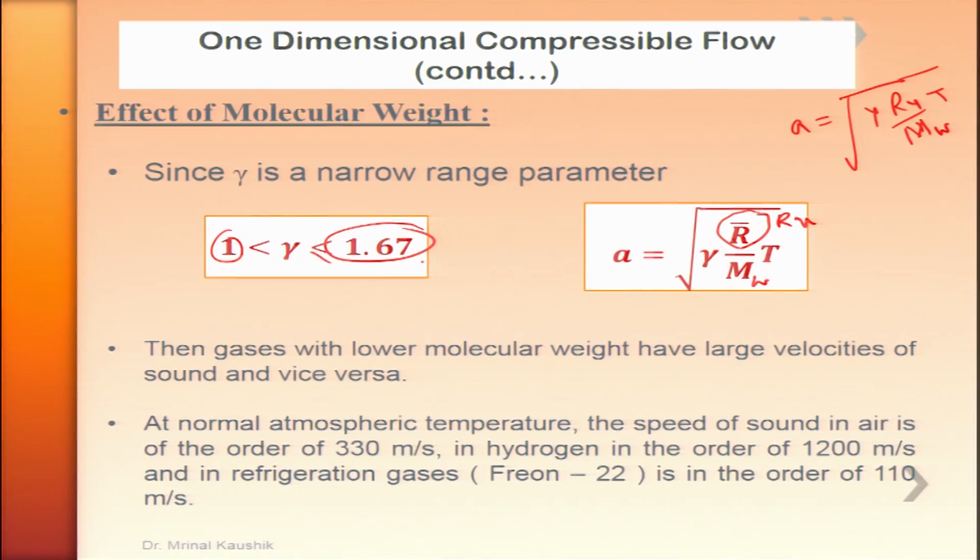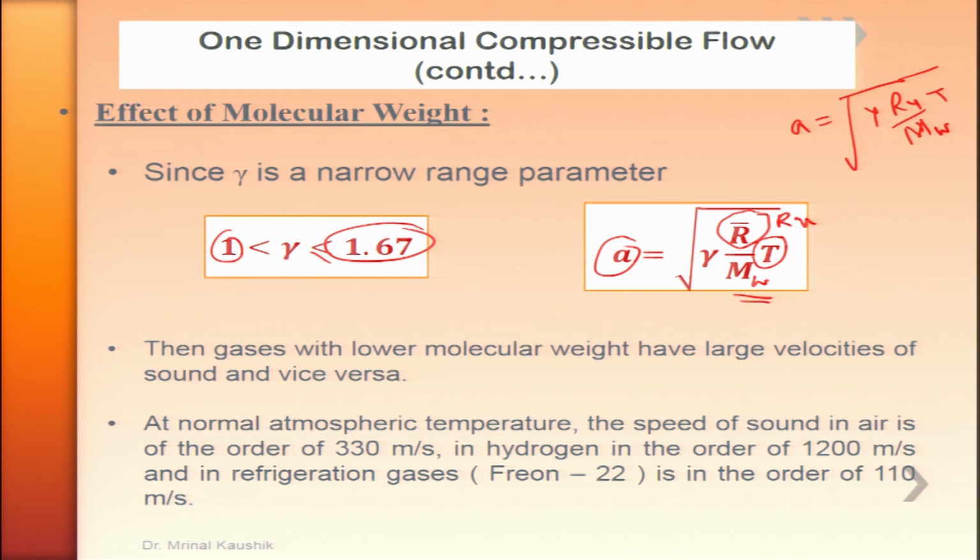Please see, since gamma is a constant and Ru, the universal gas constant, is 8.314 joule per mole Kelvin, this is again a constant. Now, what is happening? If temperature is not varying, that is for a constant temperature case, the speed of sound is basically dependent upon the molecular weight, and they have an inverse relationship.